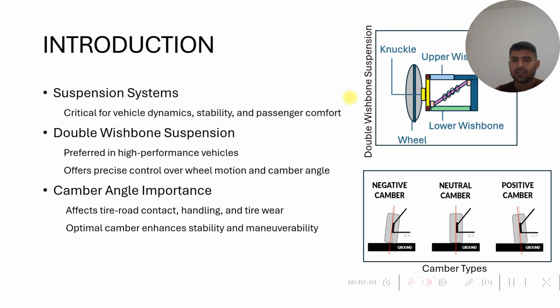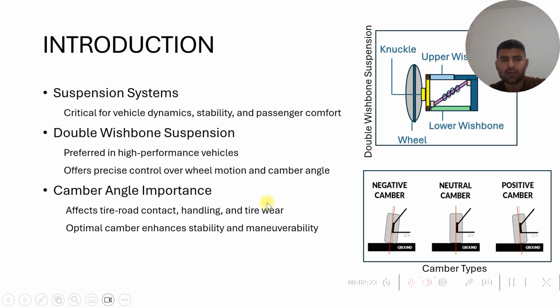By maintaining this optimal geometric alignment, it provides superior handling characteristics that are essential in sports cars and high performance vehicles. This double wishbone suspension is even used in Formula One cars.